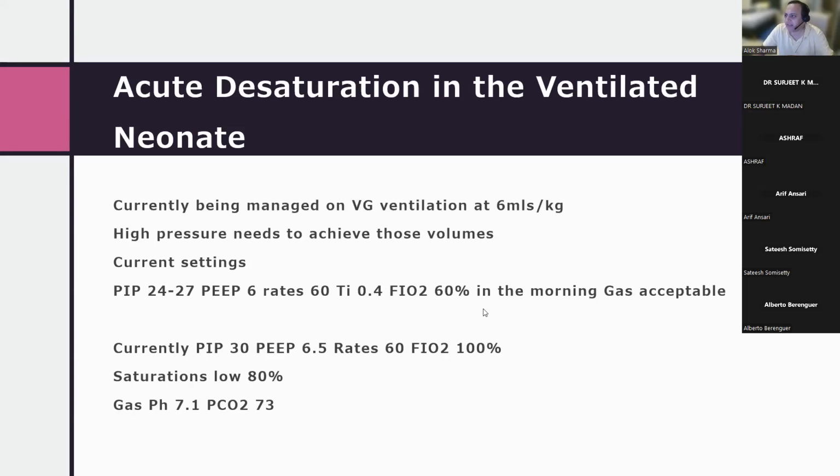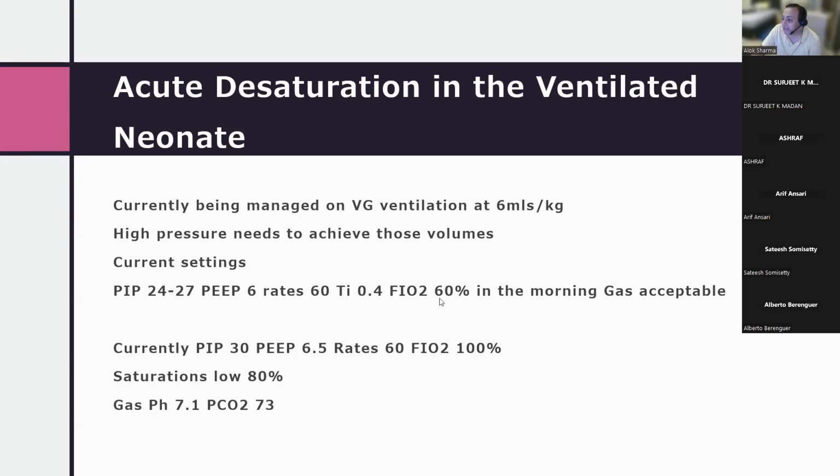So what has happened now is that on day 15 of life, this baby's being managed on volume guarantee with 6 mils per kilo. We're needing pressures of 24 to 27 with a PEEP of 6. We've just finished antibiotics, we've done a chest X-ray, day 13, which looked very much like evolving lung disease as opposed to RDS.